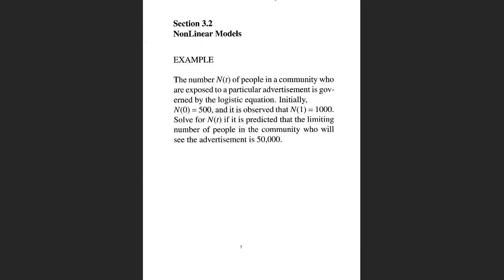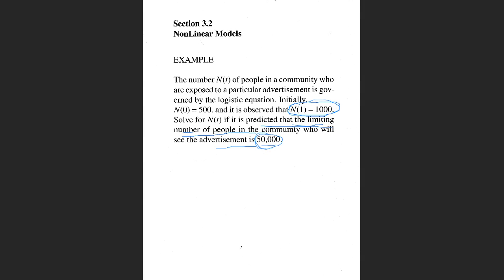One is that it's predicted that the limiting number of people in the community who will see the ad is 50,000. What does 50,000 stand for in the problem? That's right, A over B. It's your carrying capacity. And also, we know that after 1 hour, 1,000 people have seen the ad.